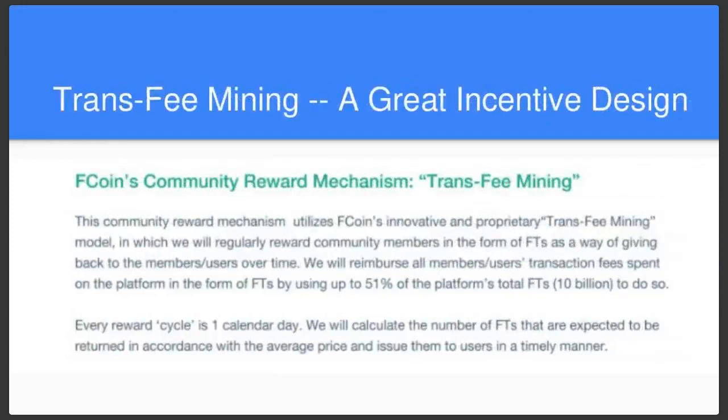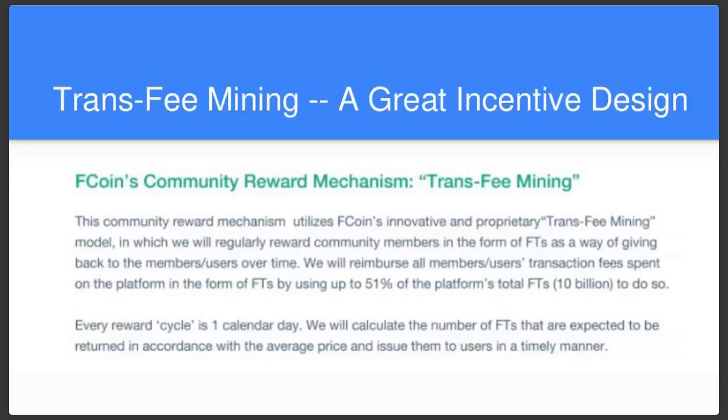So the first thing that FCoin did is they launched a program called transfer mining. This is very, very good incentive design. The program is all about this: for people who buy or sell tokens on FCoin, most of the time they charge you 0.1% in transaction fees.